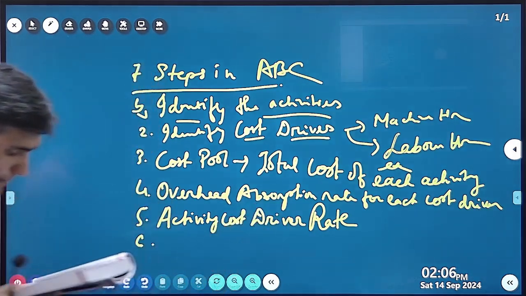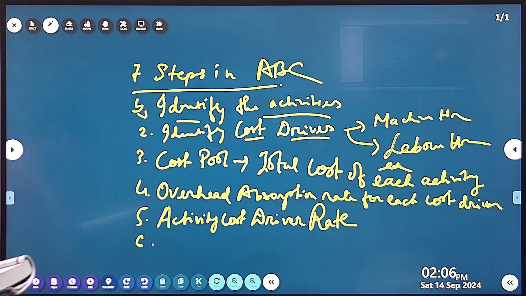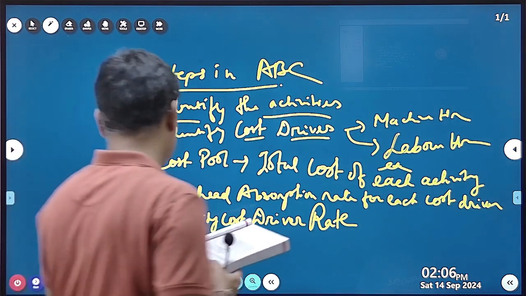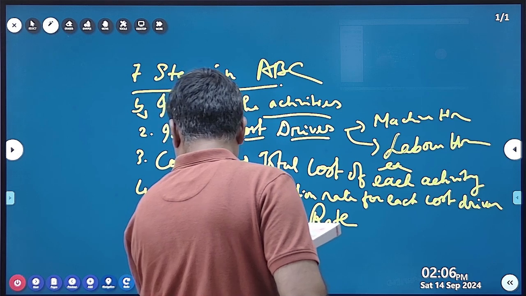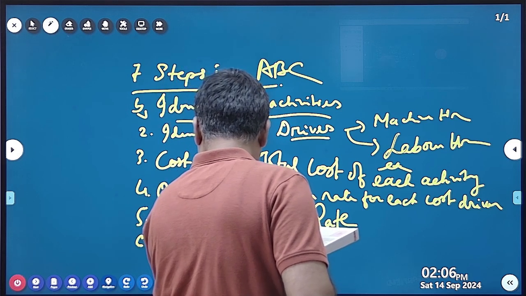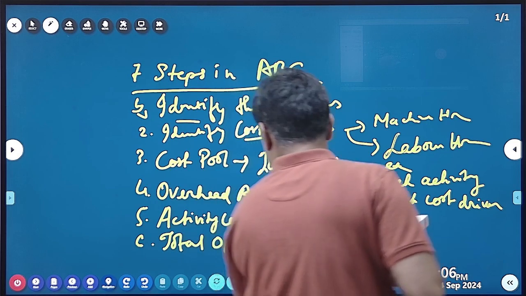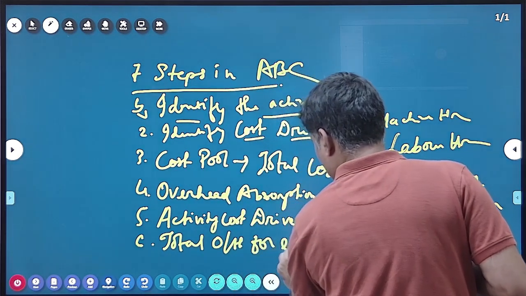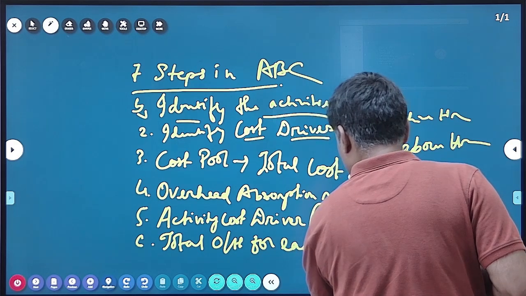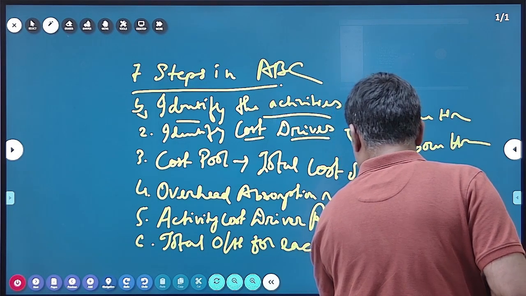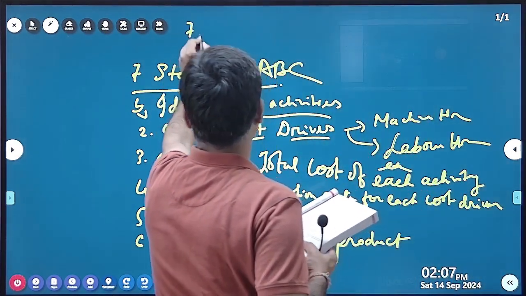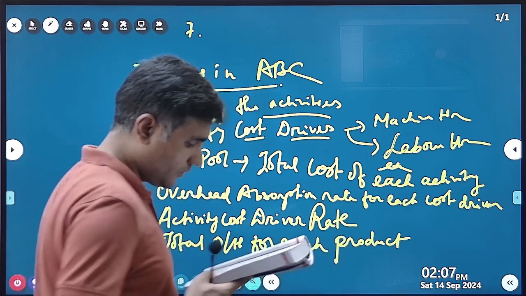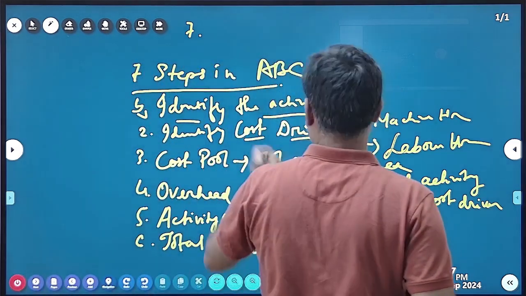Then we calculate the total overhead for each product. Then overhead per unit.